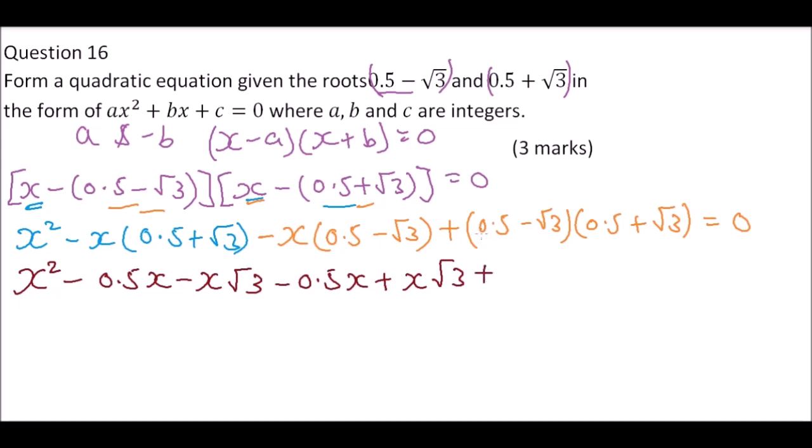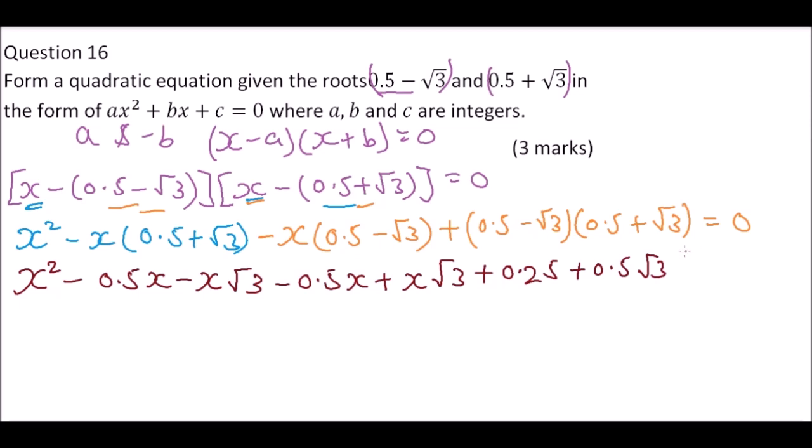plus. When you open the bracket, this will be 0.5 times 0.5. That will be plus 0.25. Then 0.5 times root 3, we have plus 0.5 root 3. That we are through.